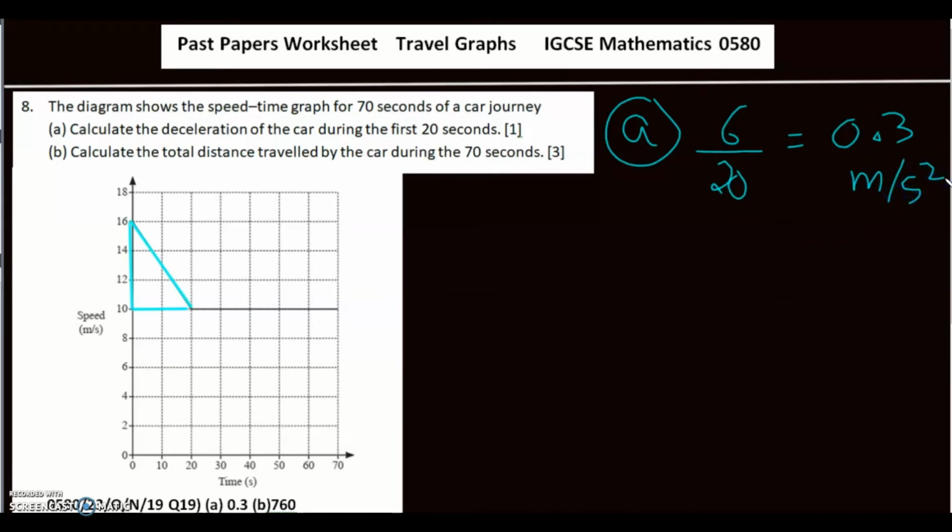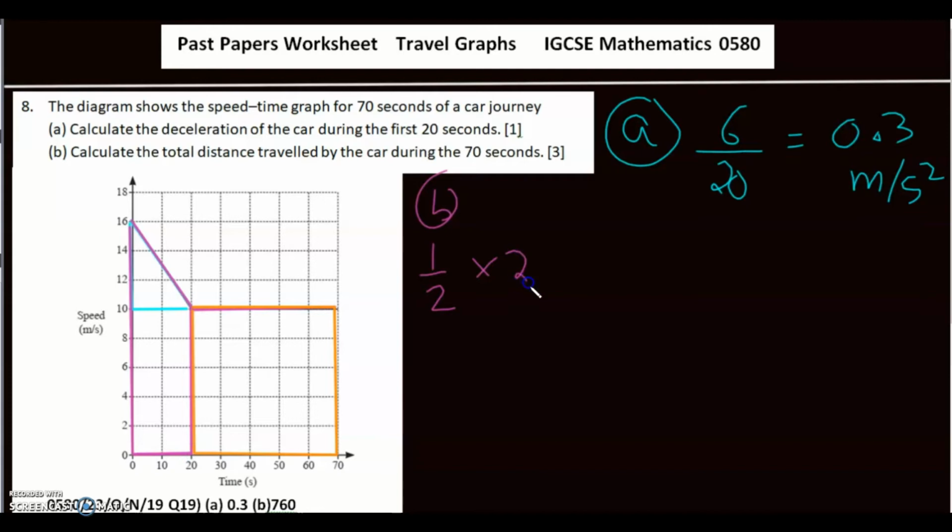Okay. Next we have to calculate the total distance traveled by the car during the 70 seconds. So that's going to be area under this graph. Let's break it down into area of a trapezium and then area of a rectangle. So let's find these two areas, add them and get the answer. The first area will be half times height. Height would be this. It's from 0 till 20.